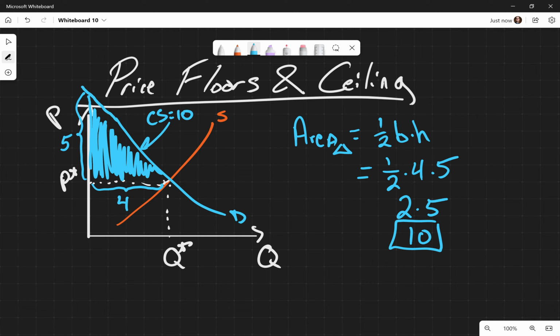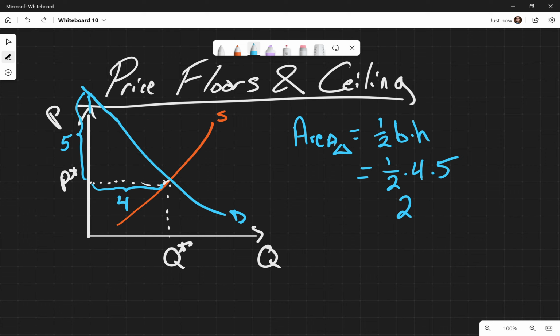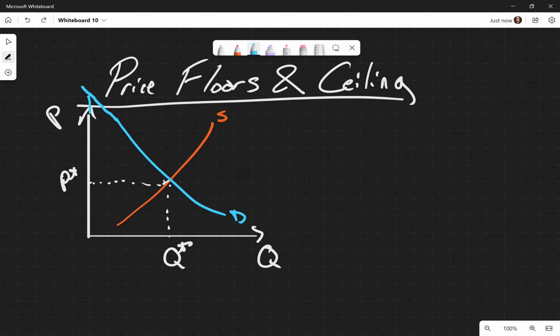Now, similarly, what if we were to talk about the producer surplus, right? The producer surplus is the points above the supply line. There are people that are willing to provide the first unit at this very low price, but they are not getting that very low price. They're getting this price up here. So the producer surplus is the triangle that is above the supply curve, but below the equilibrium price.